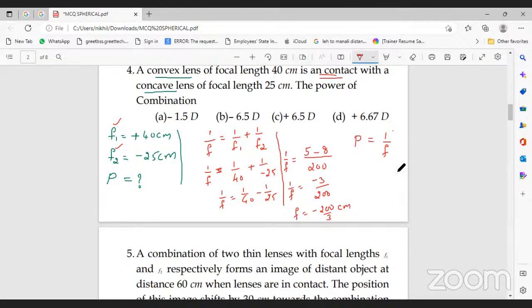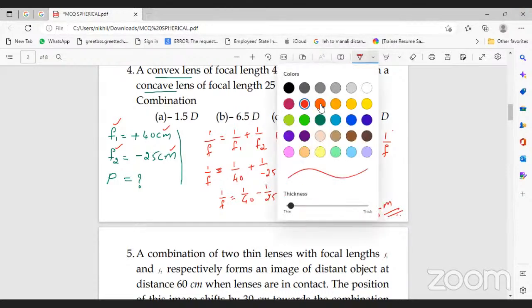It is in centimeter, right? Because F1 and F2 are in centimeter, so this F is also in centimeter. Minus 200 by 3 centimeter means it is minus 2 by 3 meter, right? So what will be P then?